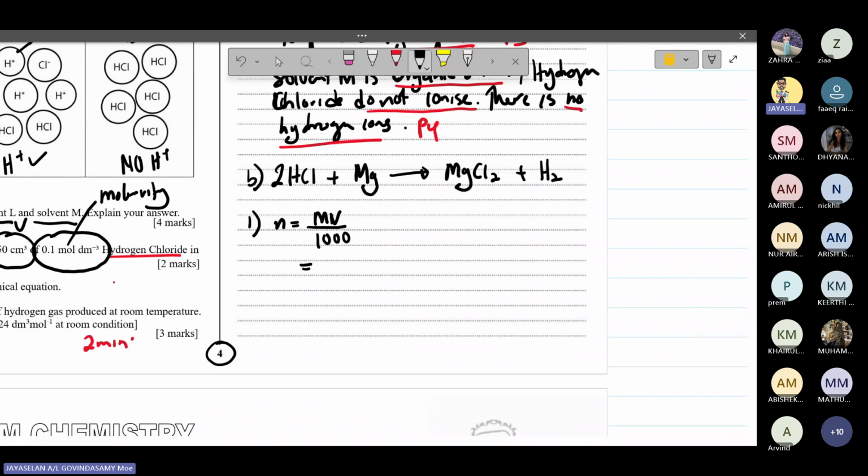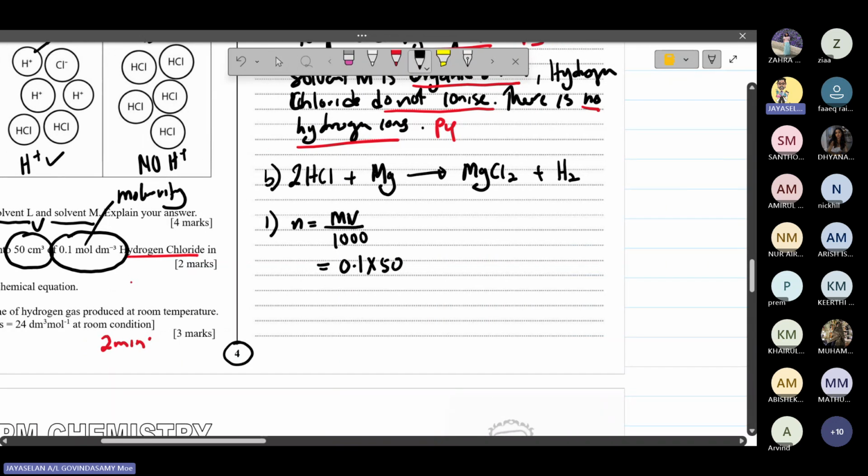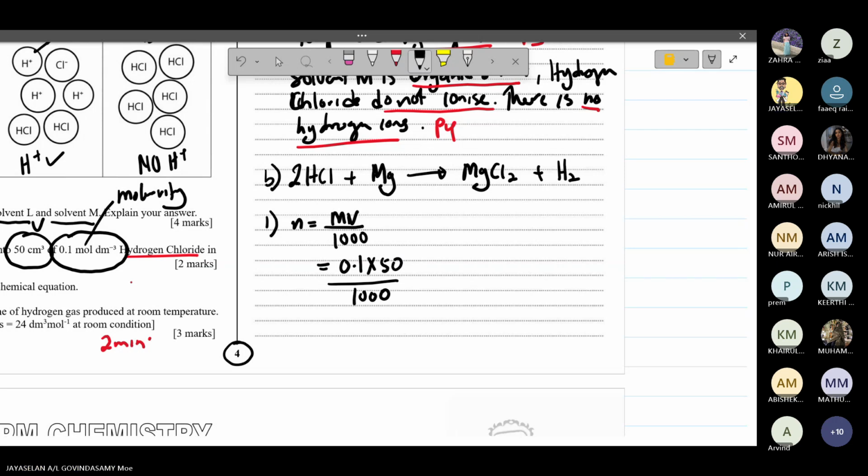You need not show the formula. So 0.1 times volume 50, divided by 1000. So I take Diana's answer. Okay, so you all check. 0.005. No need to put unit. If you want to put, can.